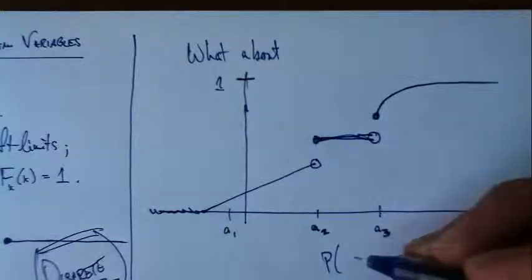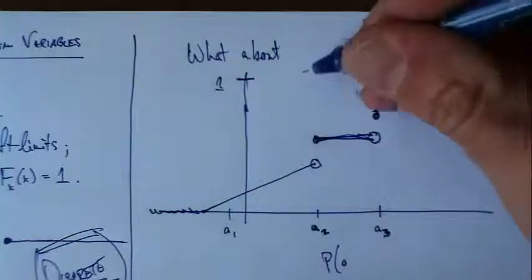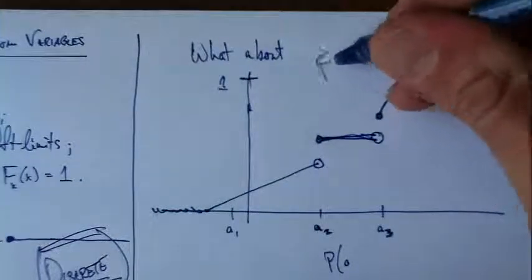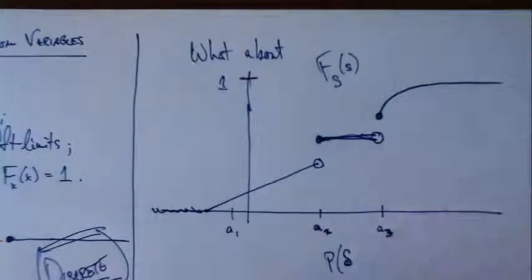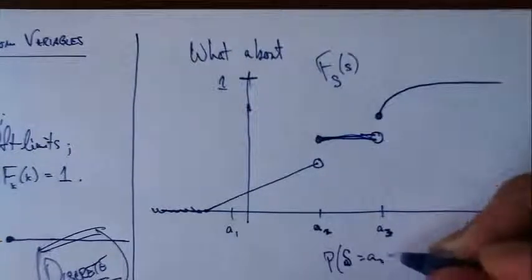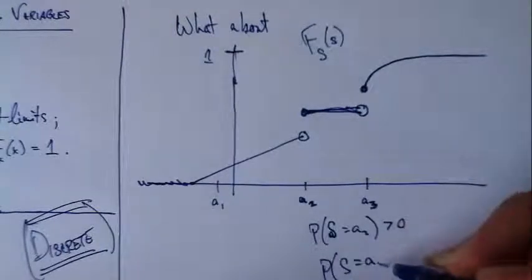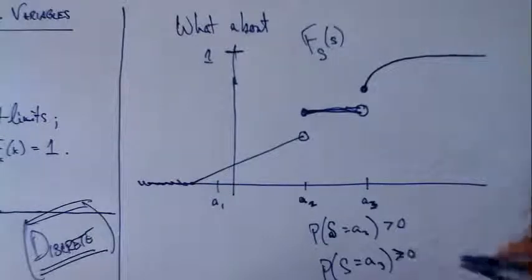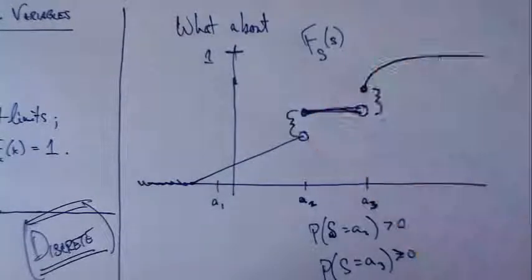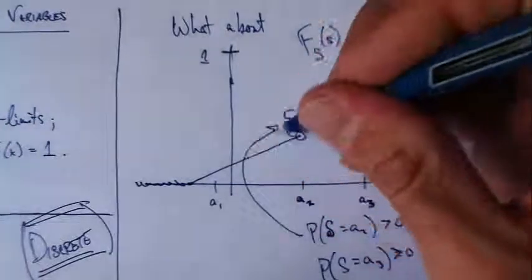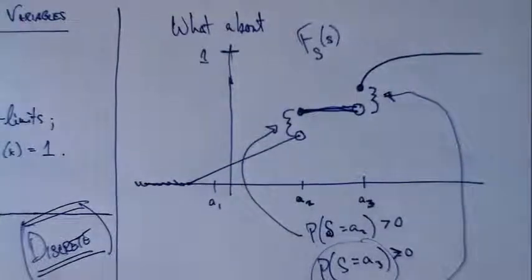Call this random variable S, so that this is the CDF of the random variable S. The probability that S is equal to A2 is actually greater than 0, and the probability that S is equal to A3 is also greater than 0, because there are jumps there of those sizes, and they're not 0. Pretty neat, right?